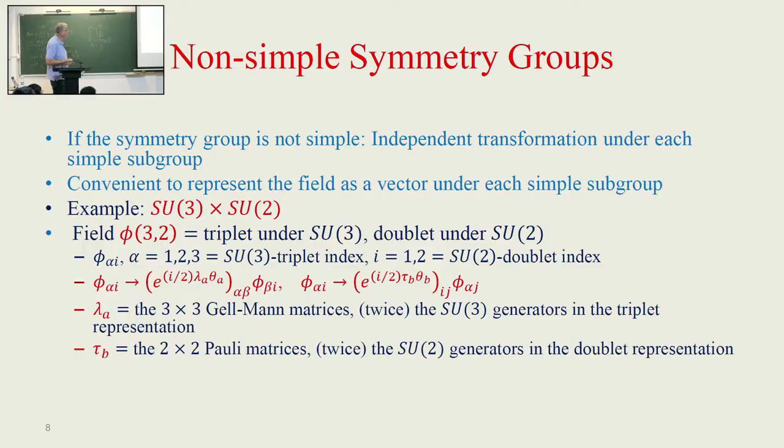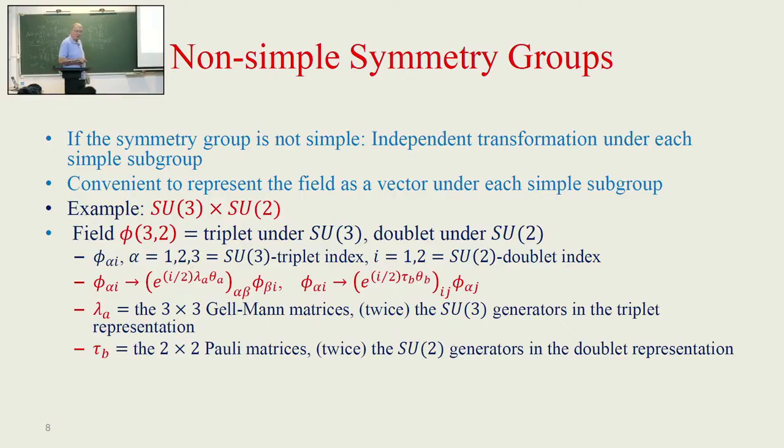And then the transformation law is the following, and I wrote it here for reasons that I'll explain in a minute. So there is a transformation law under the SU(3). Alpha and beta run from 1 to 3, and here is i/2 lambda^A theta^A. Lambda^A are 3 by 3 matrices, and there are 8 of these.